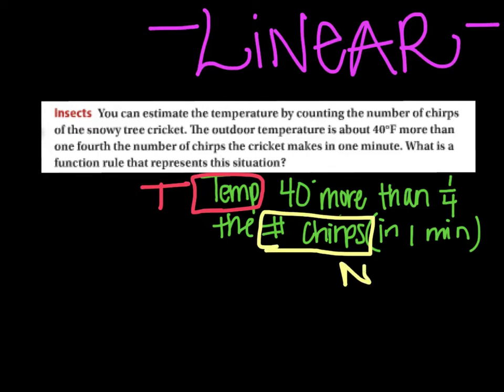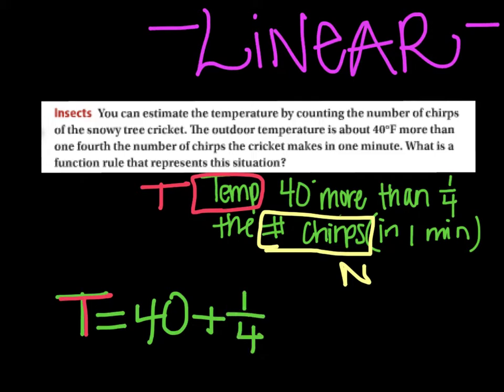And using this, we can write our equation, and we will have T equals 40 plus, because that's what more than means, and it's 40 more than 1/4 the number of chirps that we have. So the function rule is T equals 40 plus 1/4 N.